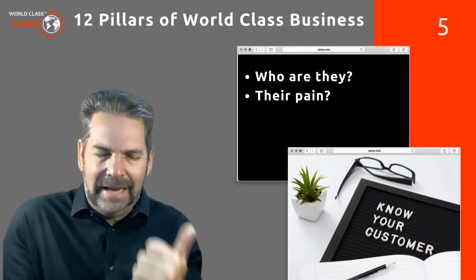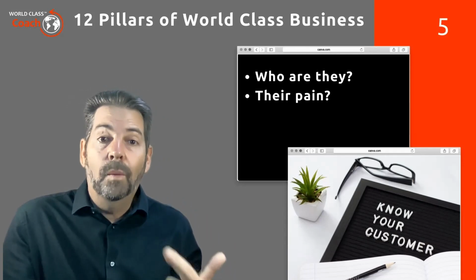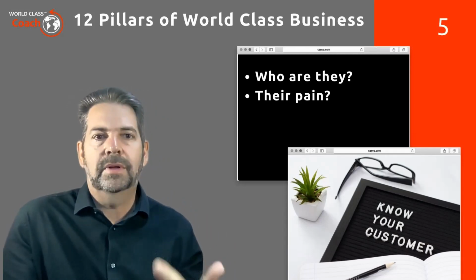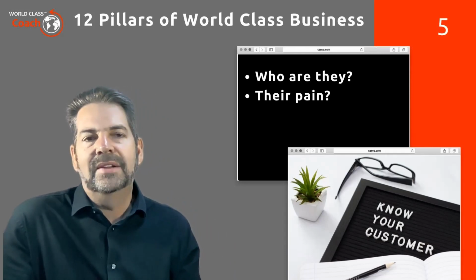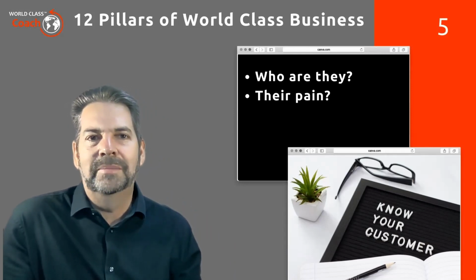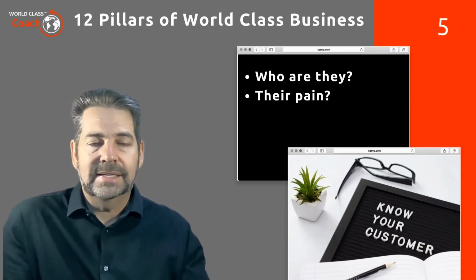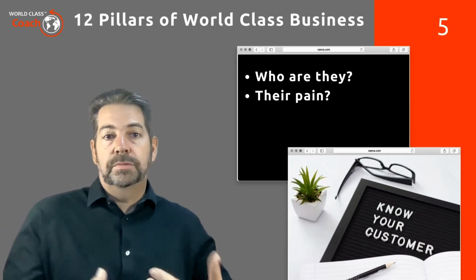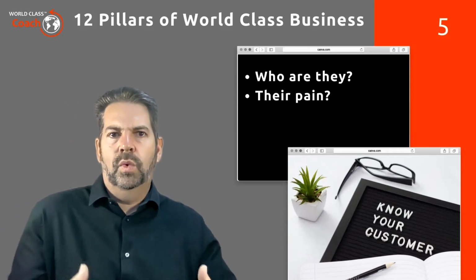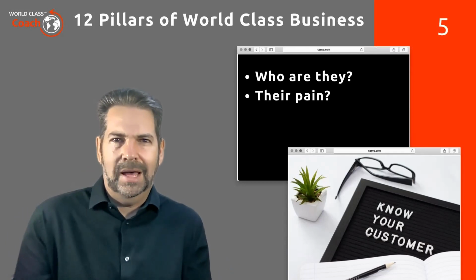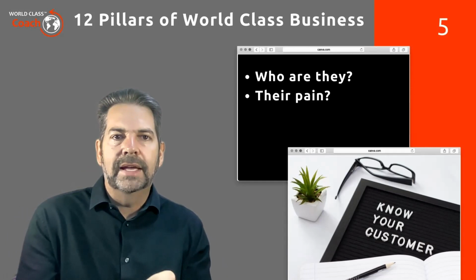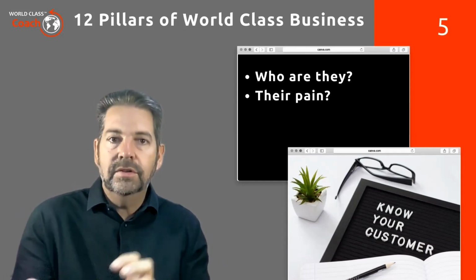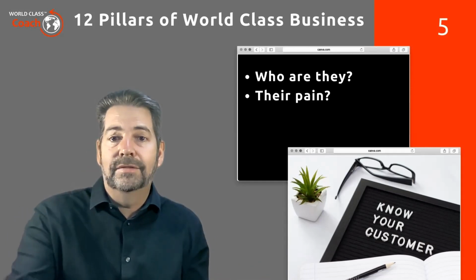So I've got to know exactly who they are, and what pain they have, what problem they are trying to solve or needing to solve. And sometimes they might not even know what the problem is. But as we advertise our product and expose it to our client, or inform our client about our product and create this awareness, they can identify how that could solve the problem that they have.